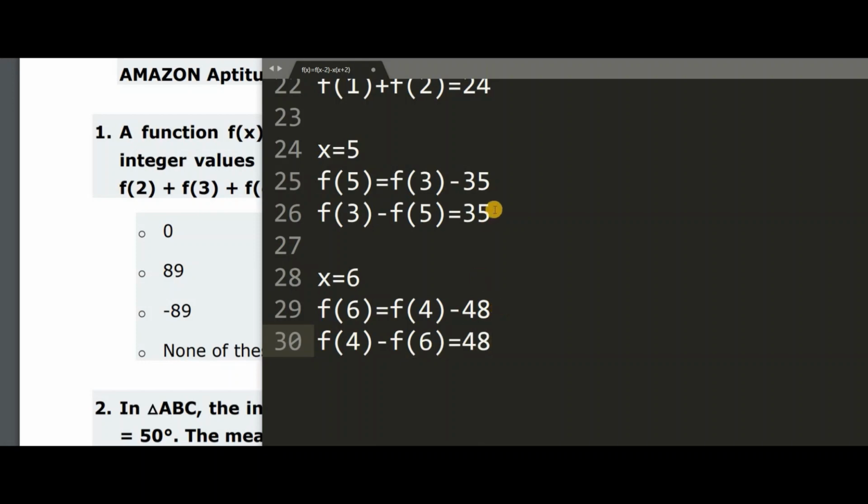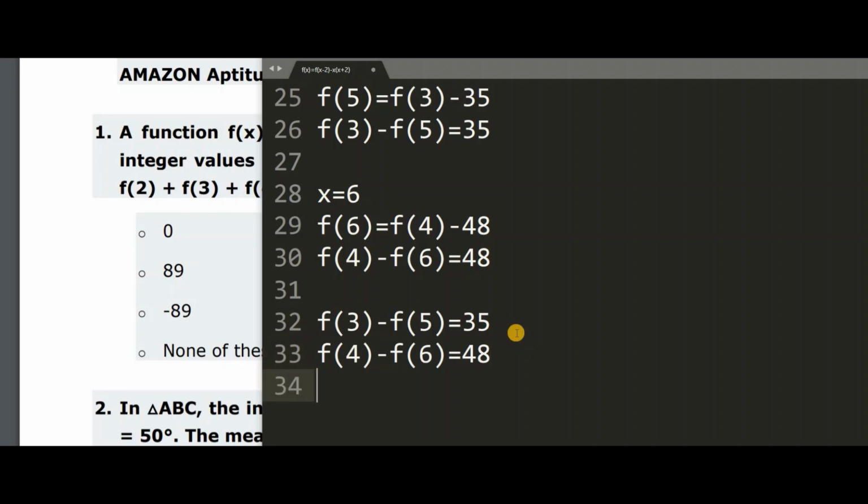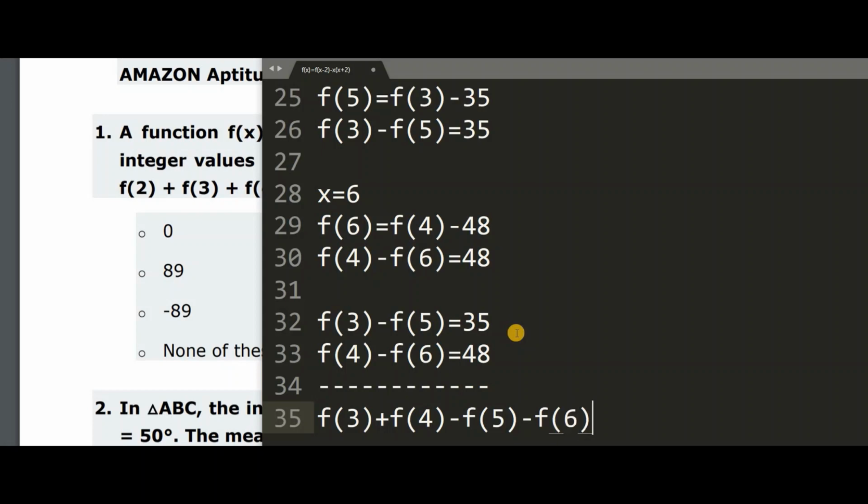So let's add these equations. f(3) - f(5) = 35 and f(4) - f(6) = 48. If we add these equations, we will get f(3) + f(4) - f(5) - f(6) = 35 + 48.